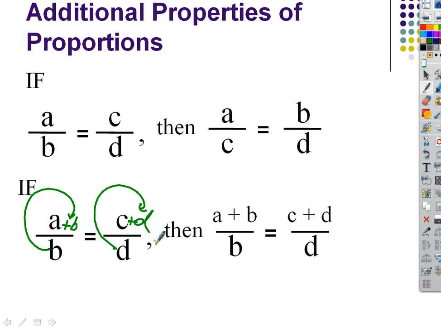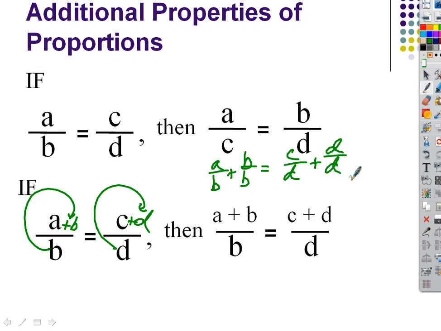Right, like this. And the reason we can do that is, watch what happens if I split these fractions up into 2 fractions on the left and 2 on the right. If I break up the common denominators into 2 separate fractions, I get a over b plus b over b equals c over d plus d over d.